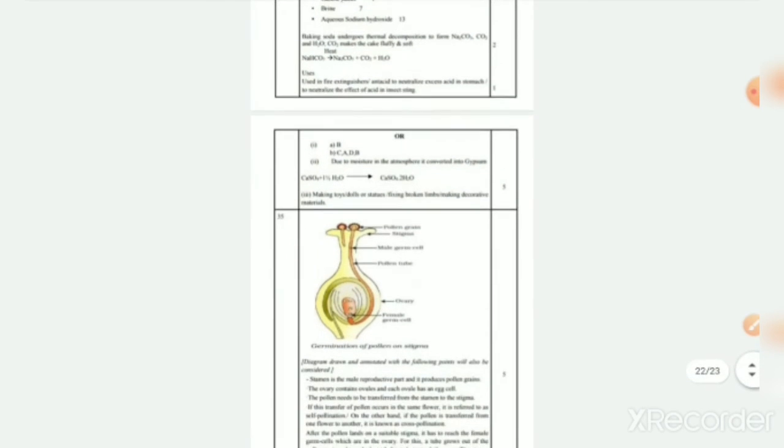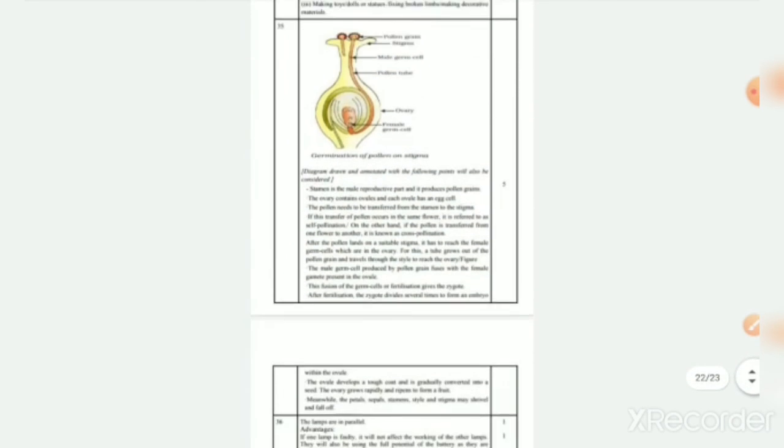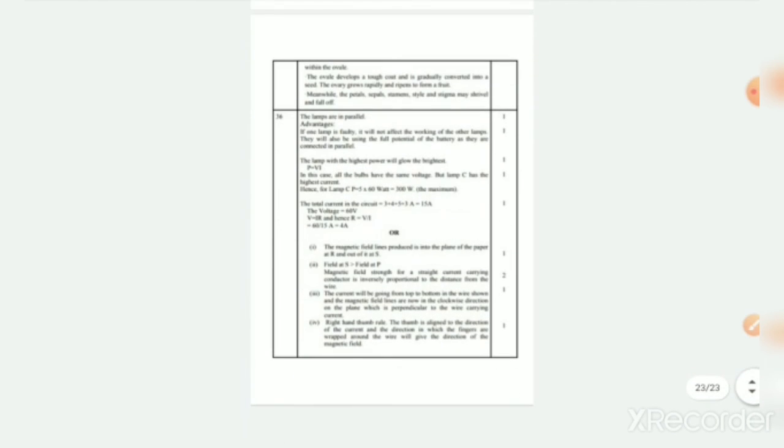So I am instructing, or suggesting, that you must read all the questions very carefully, and thereafter the marking scheme also.